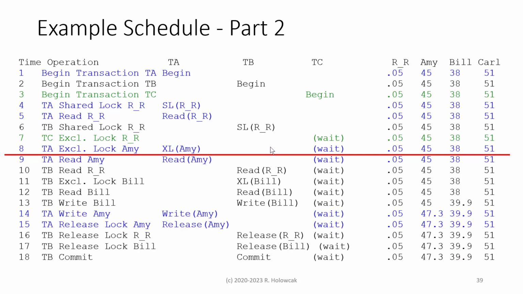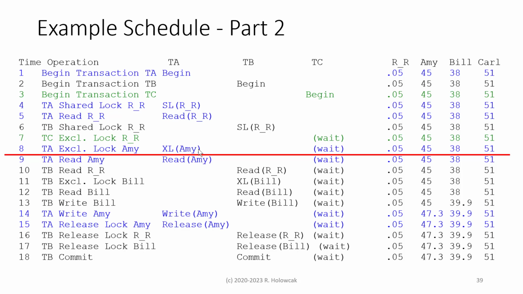At step 8, transaction A asks for an exclusive lock on Amy's salary. There's no other transaction that has a lock on Amy's salary, so that lock is granted. Why does transaction A need an exclusive lock? Because eventually transaction A will write to Amy's salary.